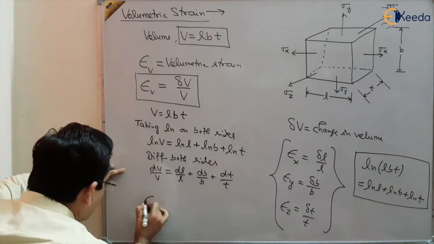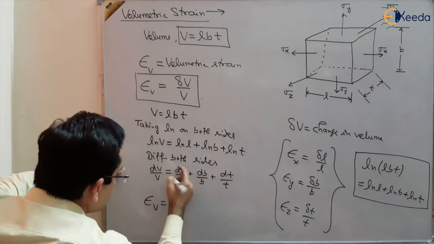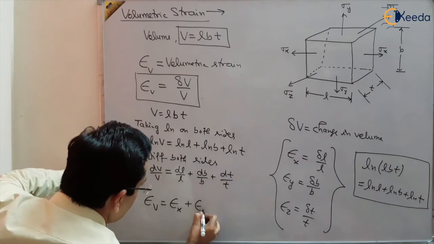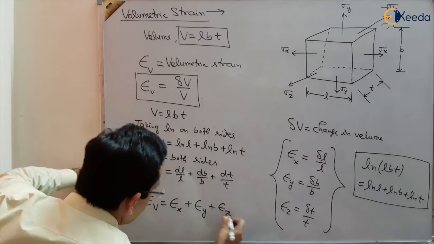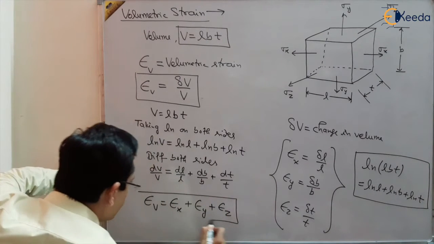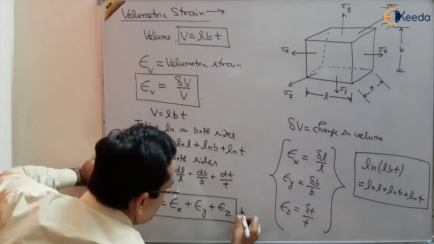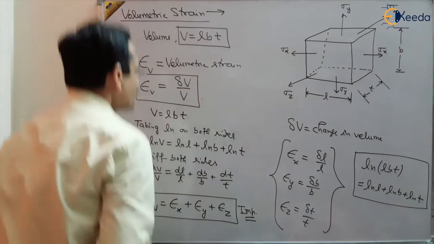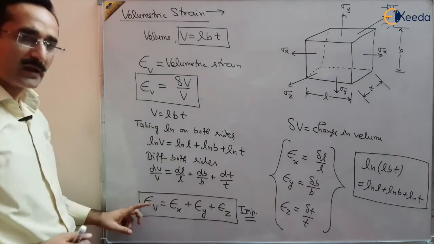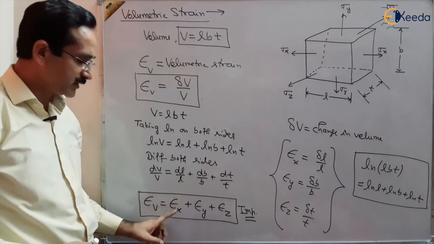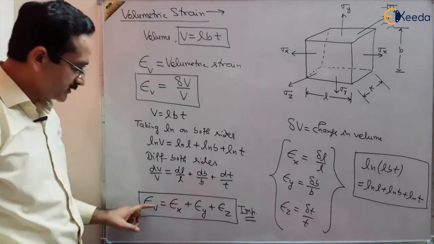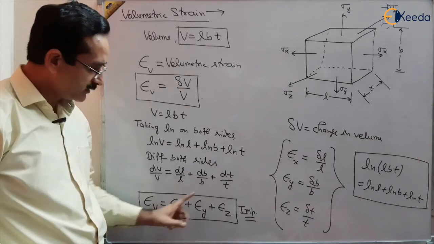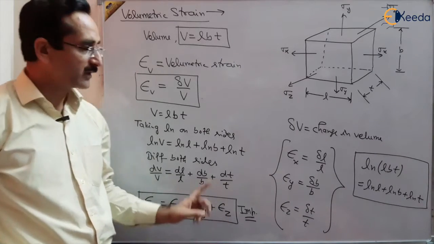So volumetric strain can be written as strain in x direction plus strain in y direction plus strain in z direction. This is an important result which will be used somewhere in our further topics, that volumetric strain of the material will be equal to strain in x direction, strain in y direction and strain in z direction.